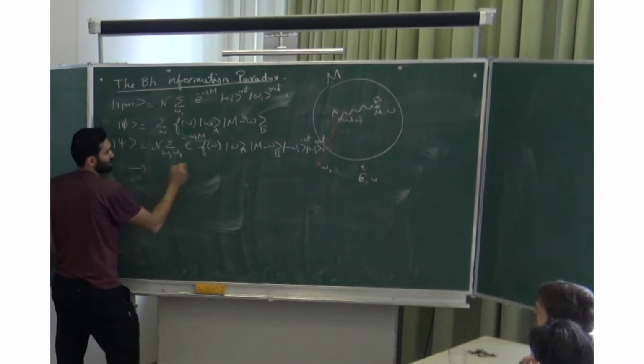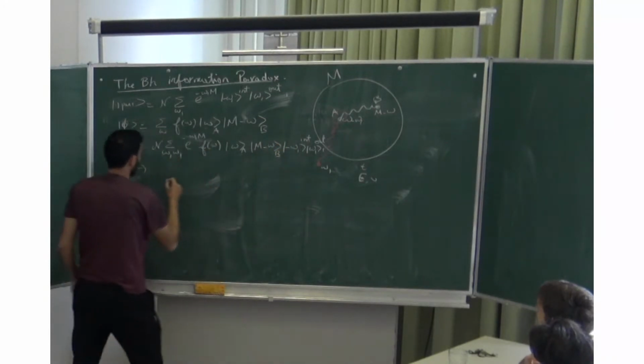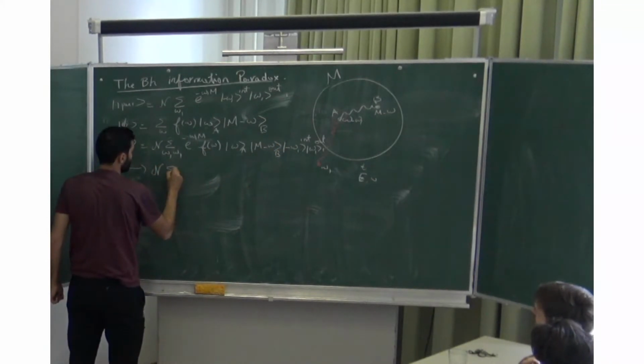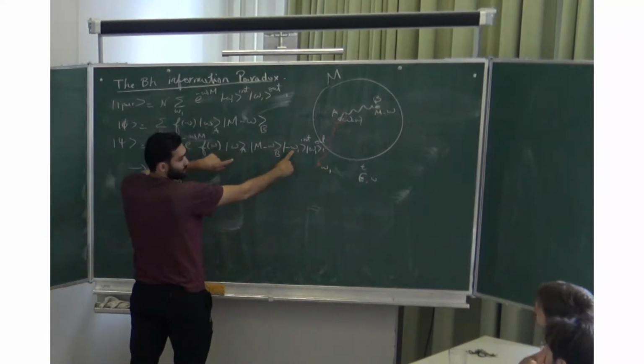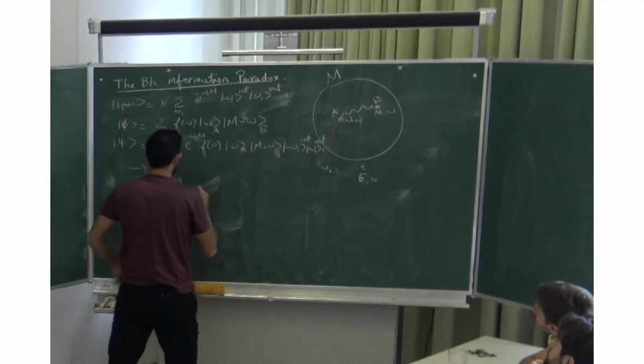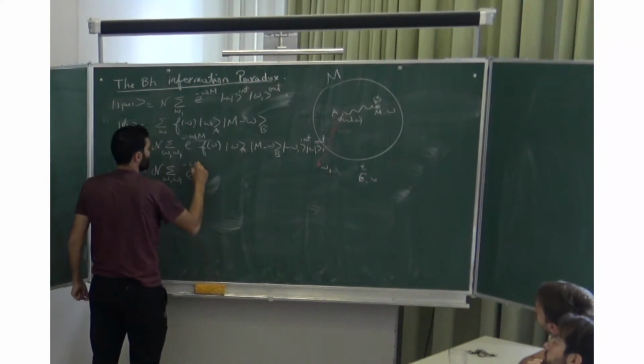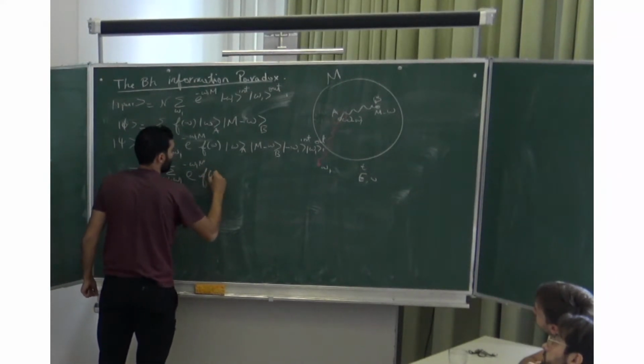Now, after the interaction happens, we get a state which is similar, but this particle here interacts with A, as we said. So it will be exponential minus omega 1 M, f of omega.